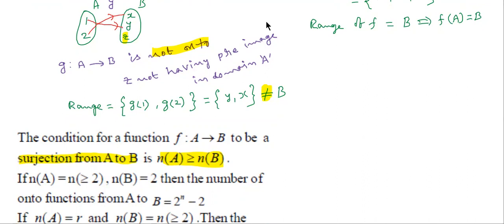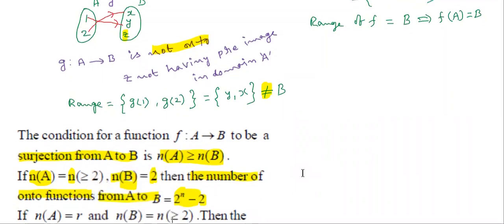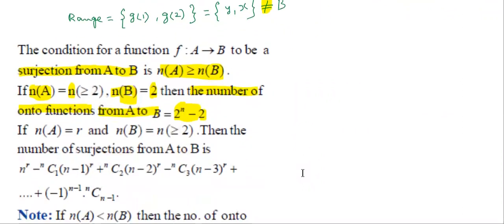If n of A has n elements and n of B has exactly 2 elements, then the number of onto functions from A to B, this is the shortcut formula, is 2 power n minus 2. n of B has exactly 2 elements, but n of A we can expect more than 2. Then the shortcut formula is 2 power n minus 2.